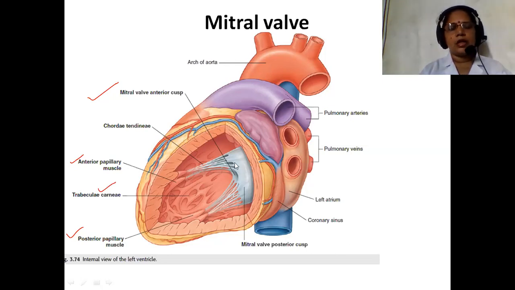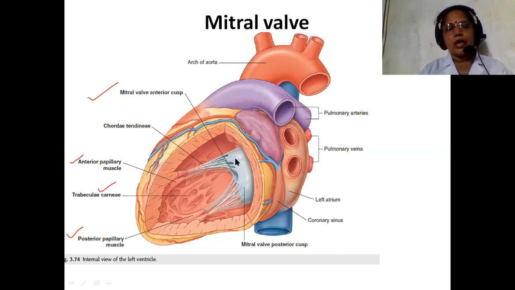Again, you can see in this diagram the internal view of the left ventricle. In that part, you can see the cusp structure. This is a valve having two cusps, the mitral valve, anterior and posterior.